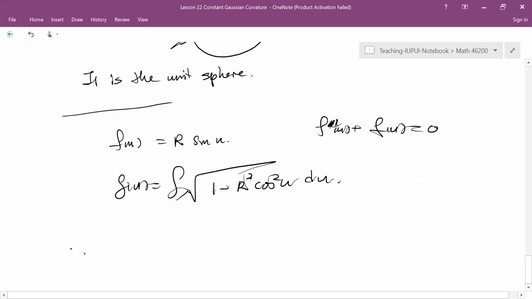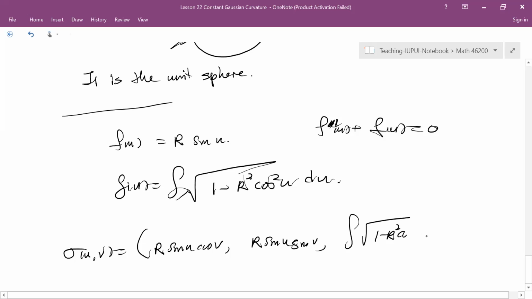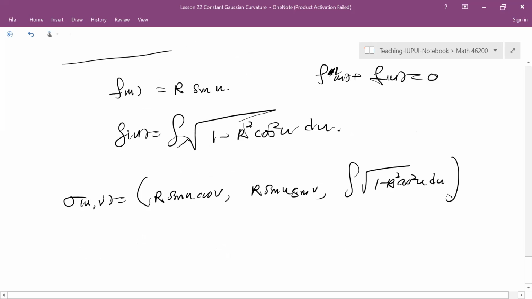And then sigma of u, v is going to be r sine u cosine v, r sine u sine v, and then the integral of square root of 1 minus r squared cosine squared u du, where r is a constant. How does this kind of surface look like?